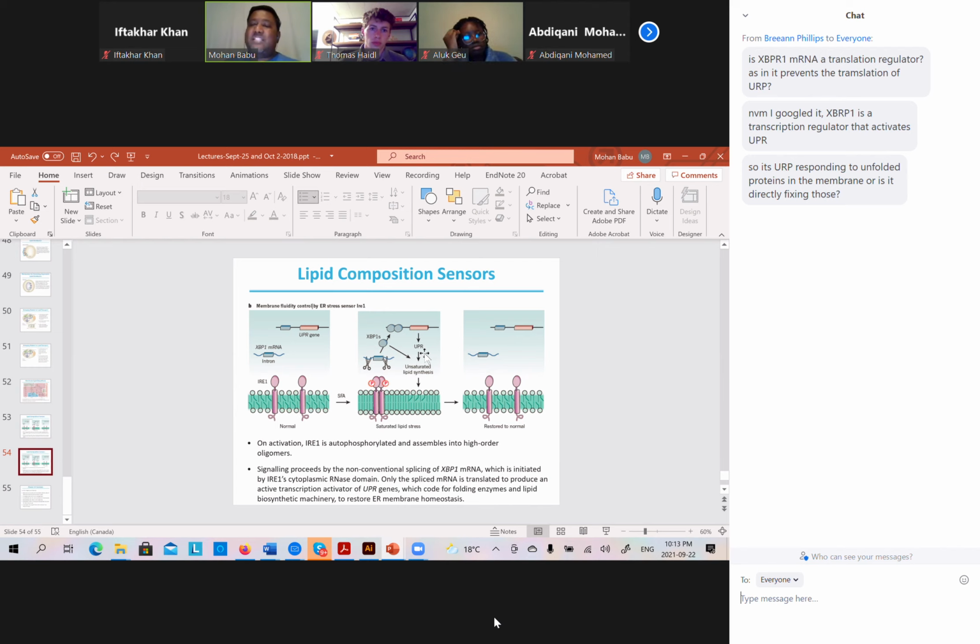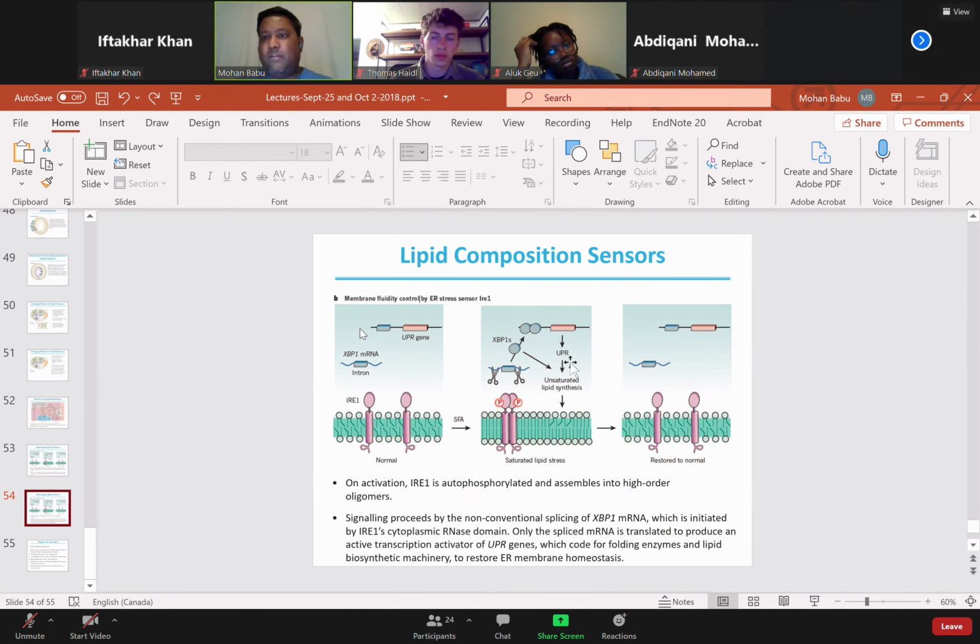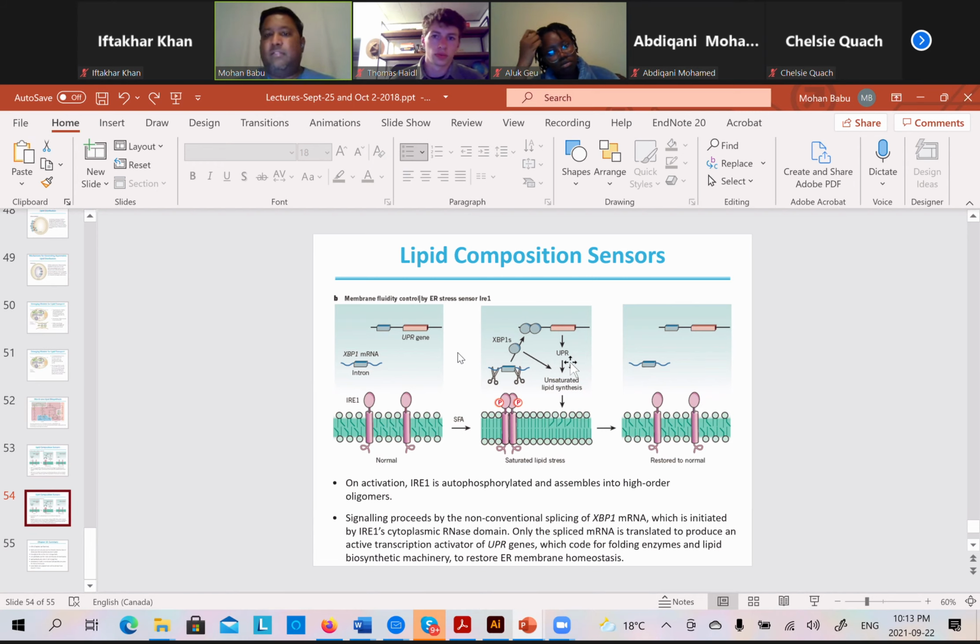Because IRE1 is a sensor, the first defense mechanism is to activate phosphorylation through autophosphorylation. Do you guys follow? And then it goes through the XBP1 and all those things, and then activates the UPR, and then restores the lipid stress molecules to their normal homeostasis. That is what is happening here.